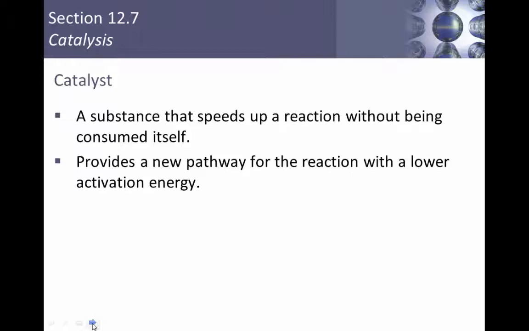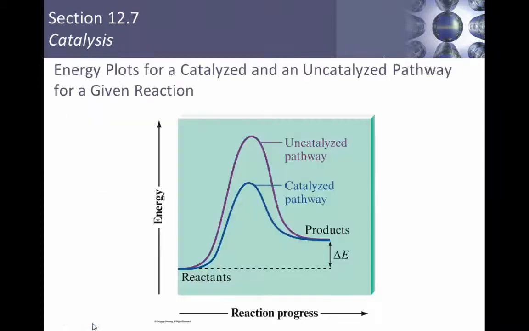Well, they provide a new pathway for the reaction, so they introduce a new reaction mechanism, and that new mechanism has a lower activation energy, which allows the reaction to move faster because less of a barrier has to be overcome. So here's another energy profile showing how the profile changes when you provide a catalyst.